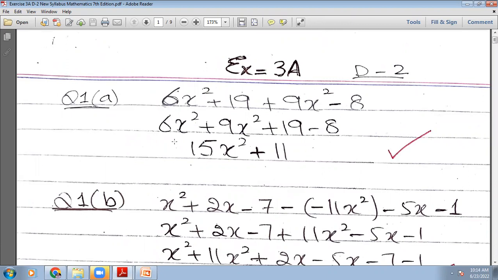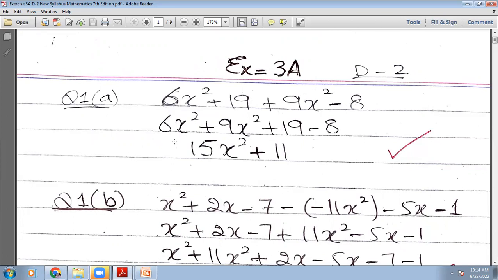The like terms are added, subtracted with each other, so the coefficients will be added or subtracted. It will become 6x squared plus 9x squared, 15x squared, and 19 minus 8, that will be 11. So I hope you understand this question. Let's move to the next part.